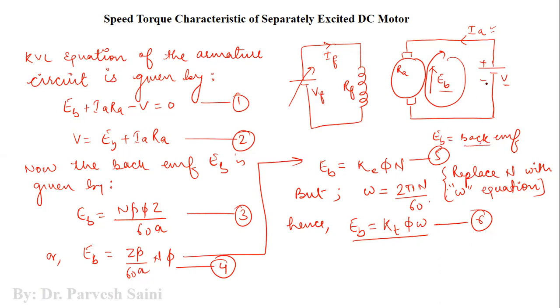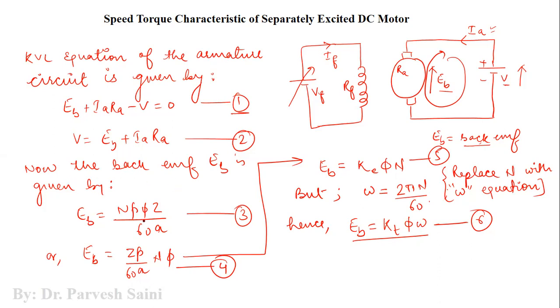So if you apply KVL in this armature circuit, you will get an equation EB plus IARA minus V is equal to 0. You can see here the back EMF direction is this one, the voltage direction is this one, both are opposing each other, right? So let us say this is equation number 1. Then rearranging this equation, we will get V is equal to EB plus IARA, where RA is the armature resistance, right?